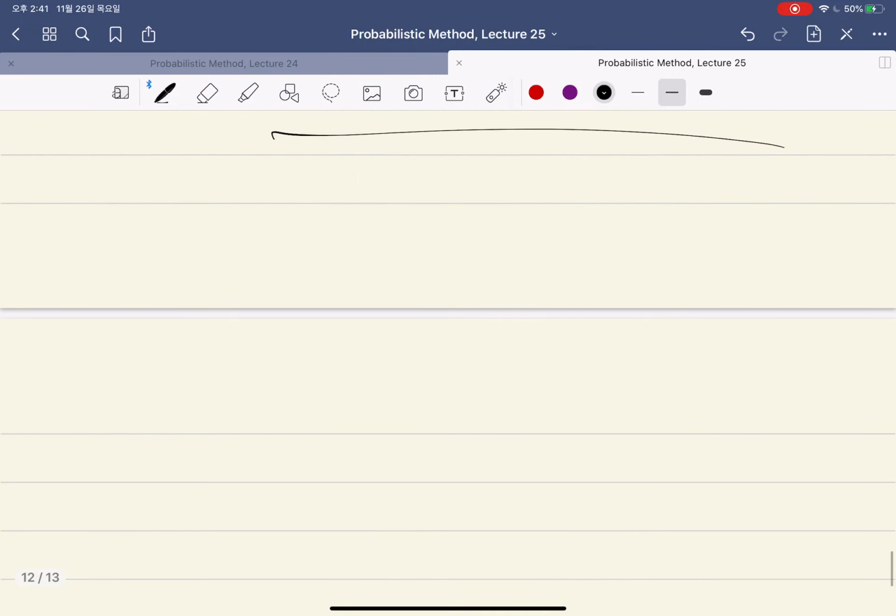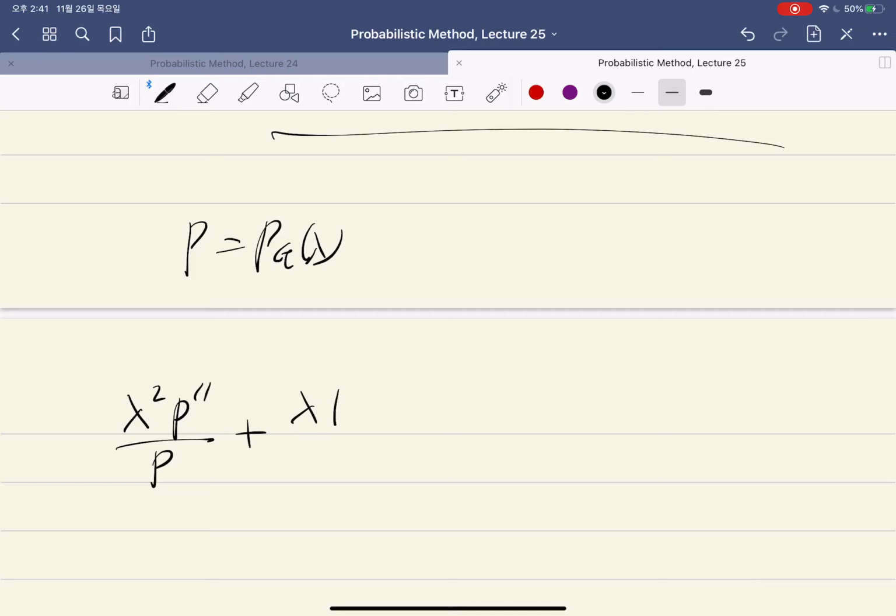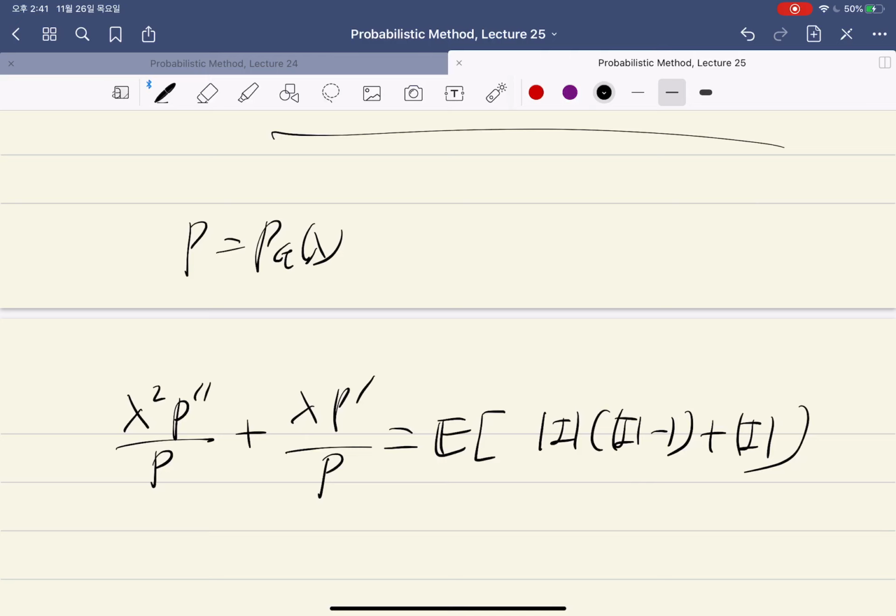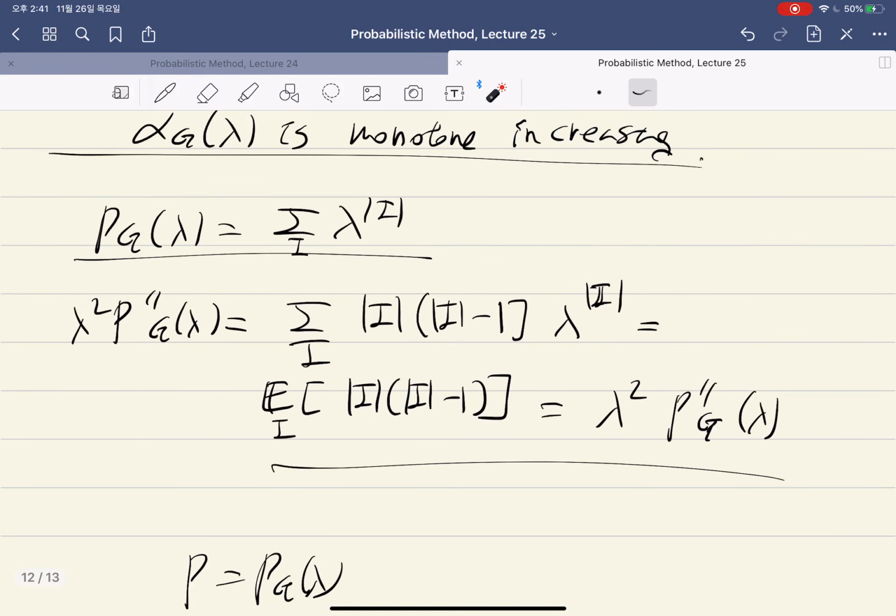So by using this, what we know is that if you have this expression, let's just write p as p of g of lambda. And if you write this, then this is nothing but the expectation of I times I minus 1 plus I. Sorry, this is p of g lambda.